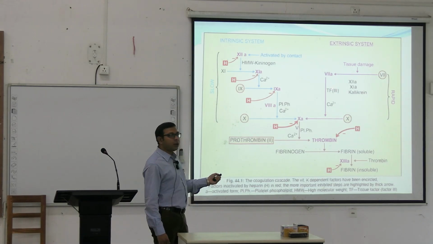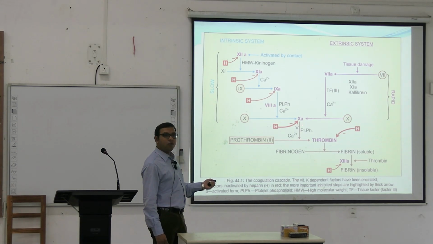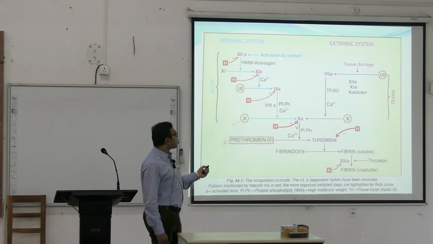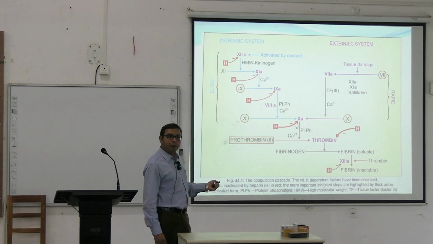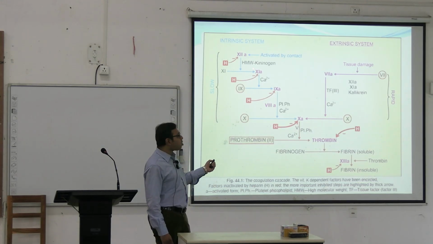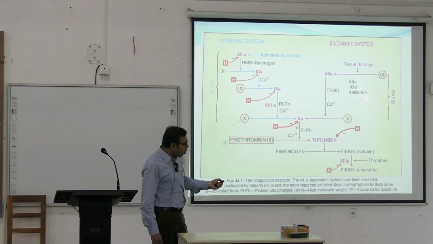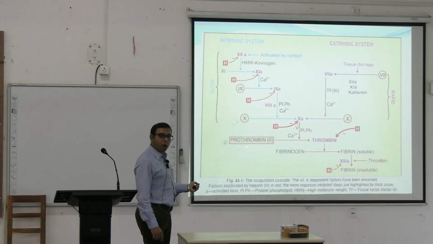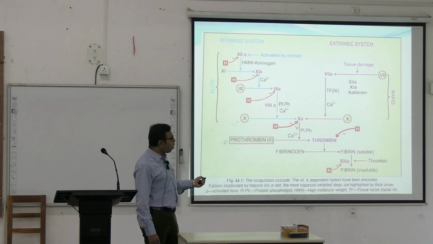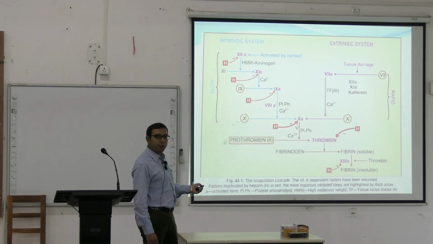With the help of tissue factor 3 and calcium, it converts factor 10 to factor 10A, and this factor 10A ultimately activates upstream in the intrinsic system so that there is more amplification of its own, that is, amplification of factor 10 itself as well as the other clotting factors. That all leads to the formation of the common pathway, with more conversion of prothrombin to thrombin, and this thrombin converts fibrinogen, already present in the zymogen form, to fibrin, which is a soluble form.